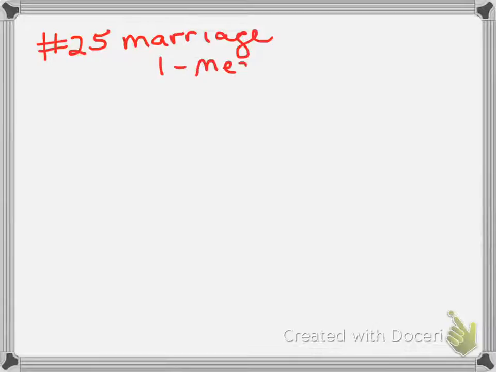All right, so number 25 talks about marriage. And so, first of all, we're going to do a 1 mean t-test. My hypothesis is mu. Now, that's the Greek letter mu.